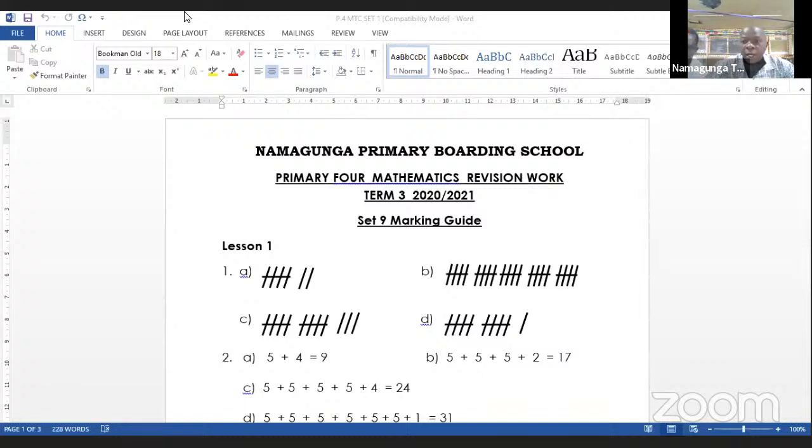Sanyu Pressure has a question to present. Sanyu, your question? Excuse me, teacher, will you mark us or we should mark ourselves using pencils?